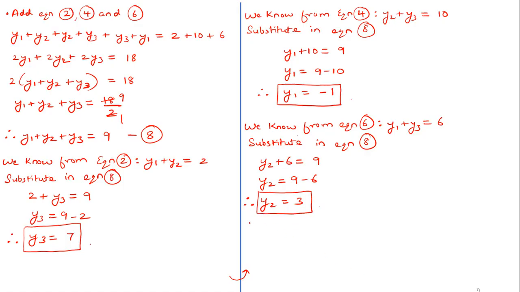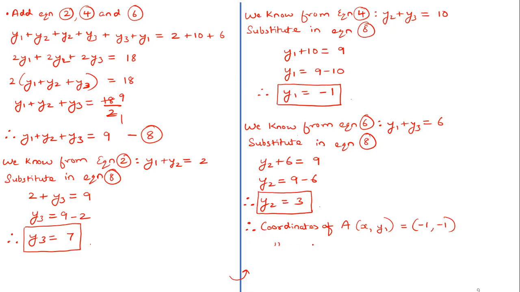Now finally we have to write and show the answer properly. So therefore coordinates of A, which we have taken as x1, y1, are x1 is minus 1 and y1 is also minus 1.